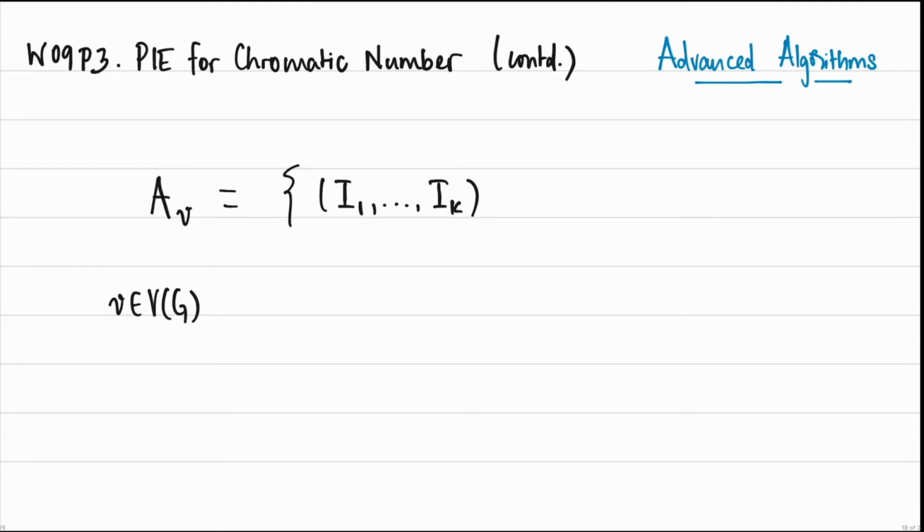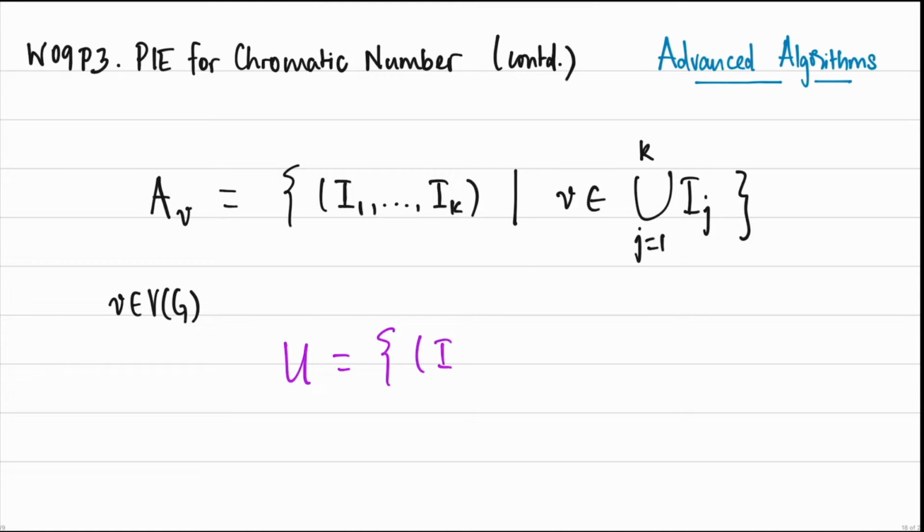So I'm really looking at collections of k independent sets such that if I look at the union of these sets, then the vertex V is contained in that union. So our universe is really collections of k tuples of independent sets.